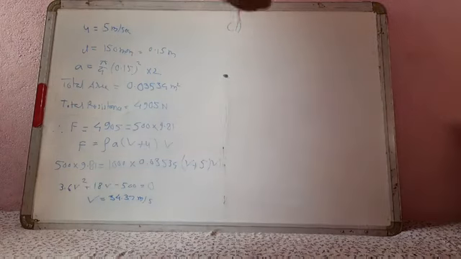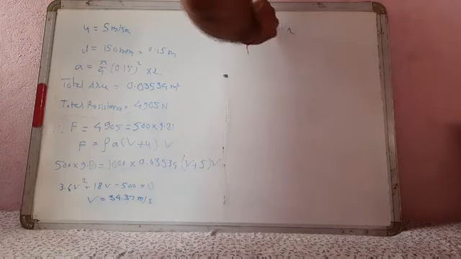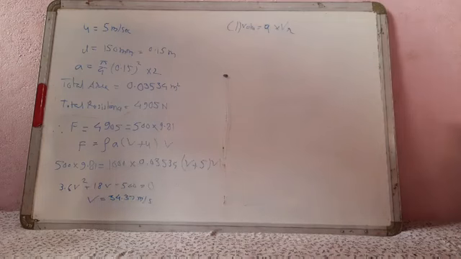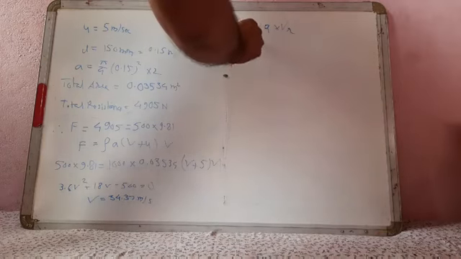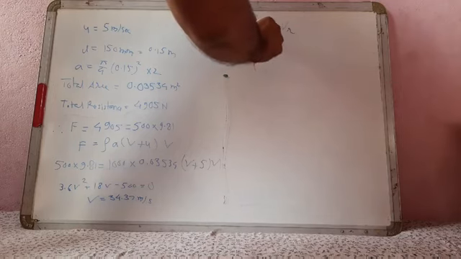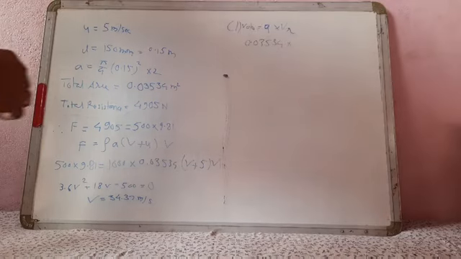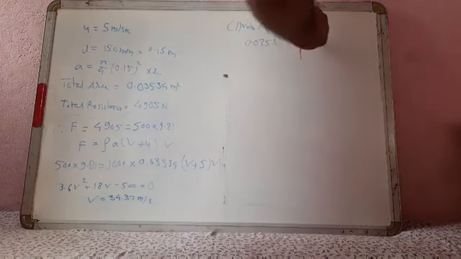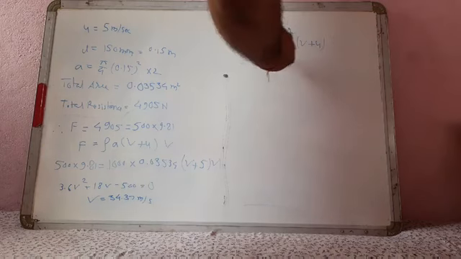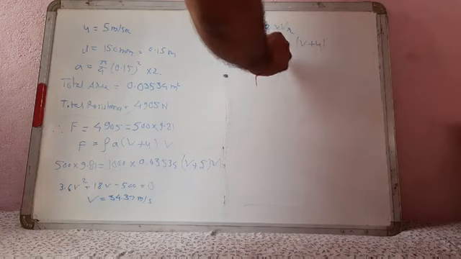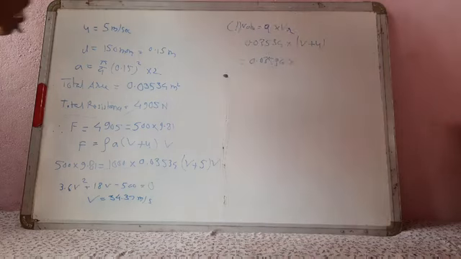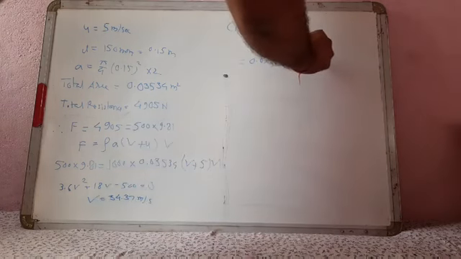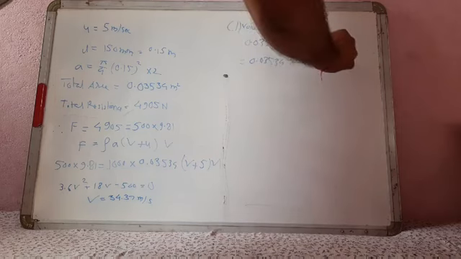So here volume equals A into VR, and area we have calculated, 0.03534 into VR, where VR is V plus U. Putting the values, 0.03534 into the value of V is 34.37 plus U is given 5.